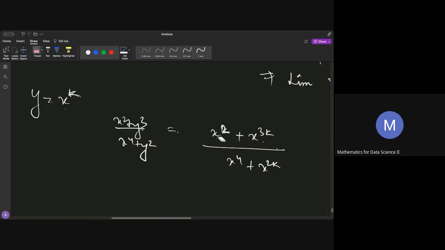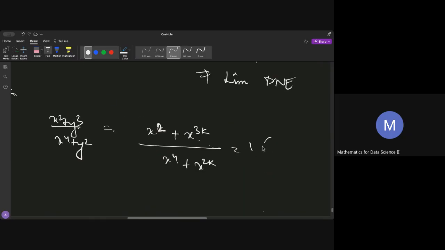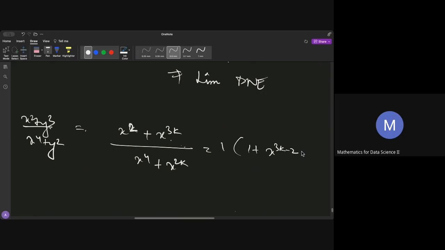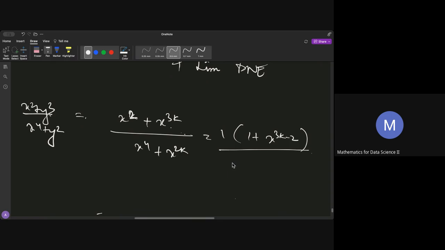And if I take x square common from both, I'll get x square times 1 plus x to the power 3k minus 2 in the numerator, and in the denominator I'll get x square plus x to the power 2k minus 2, right?